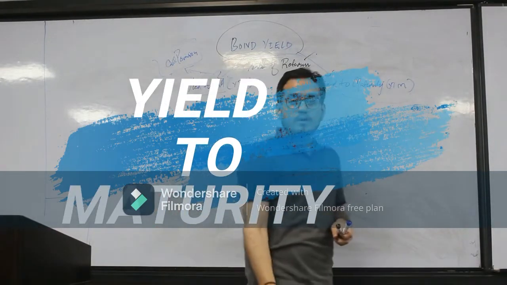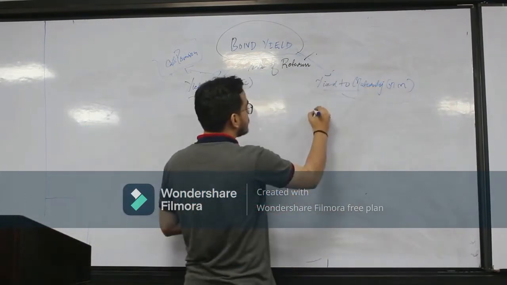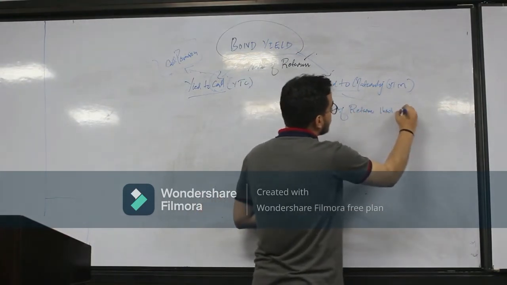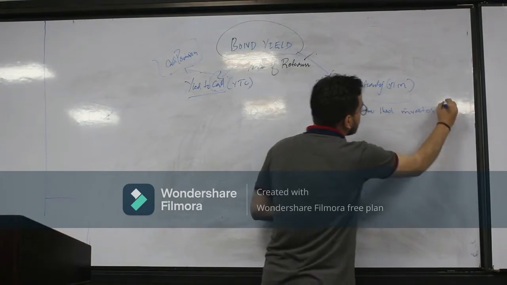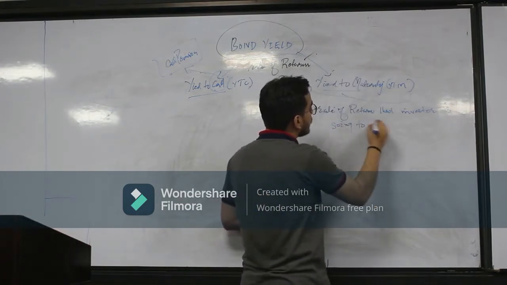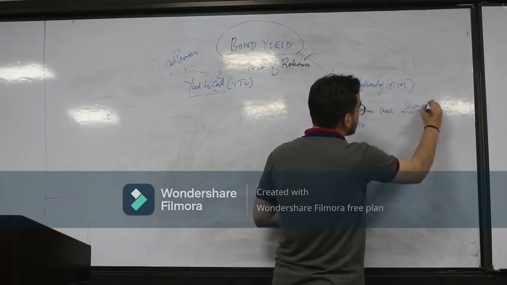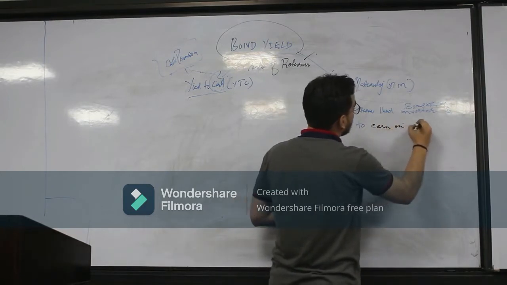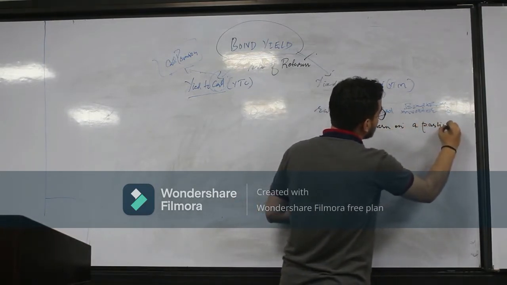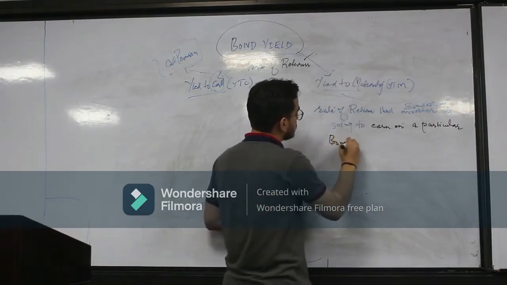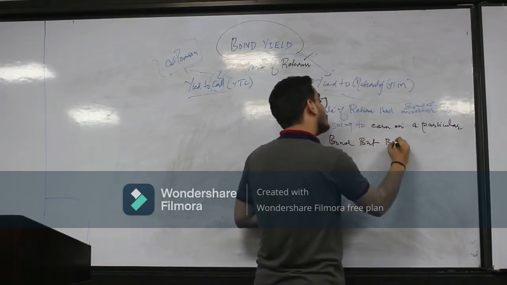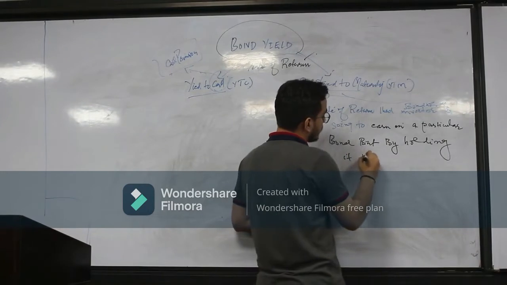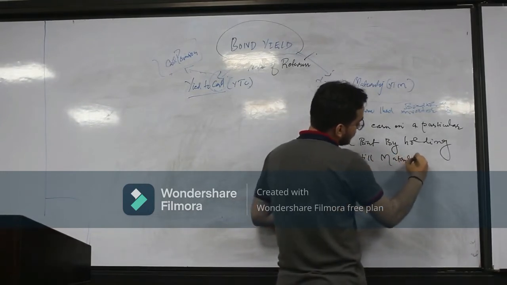Yield to maturity is simply the rate of return that an investor, or bondholder, is going to earn on a particular bond by holding it till maturity.